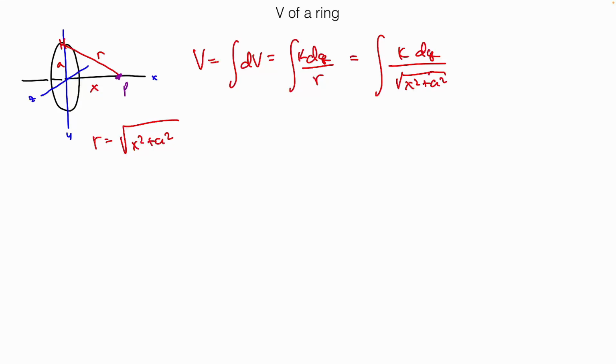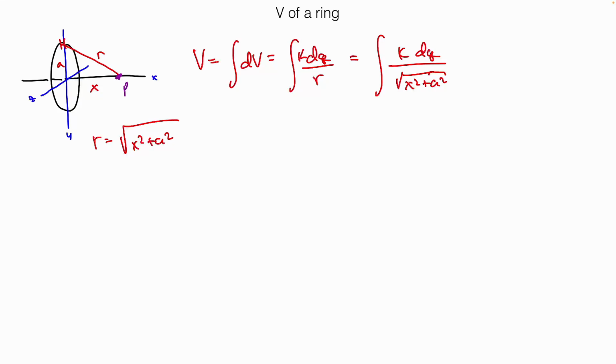All right. What are the limits of my integration here? I have to go around the ring, so it's like 0 to 2 pi, kind of going around this circle.